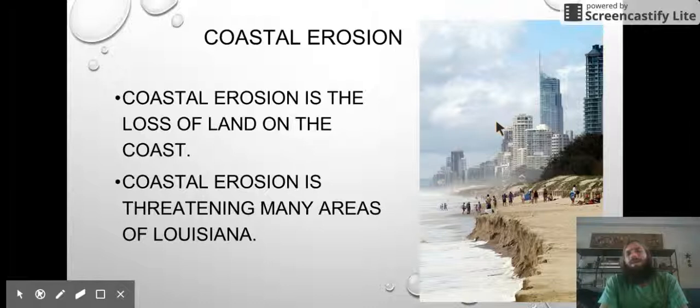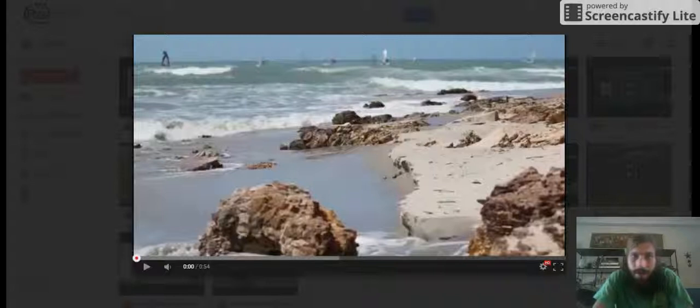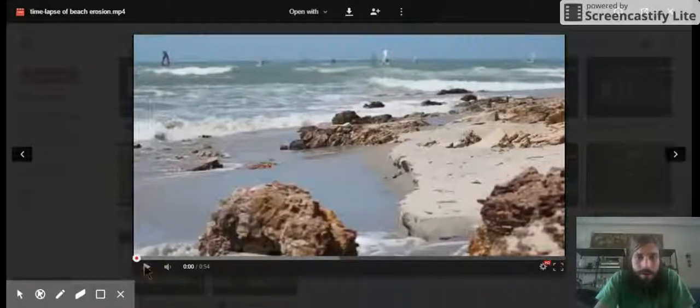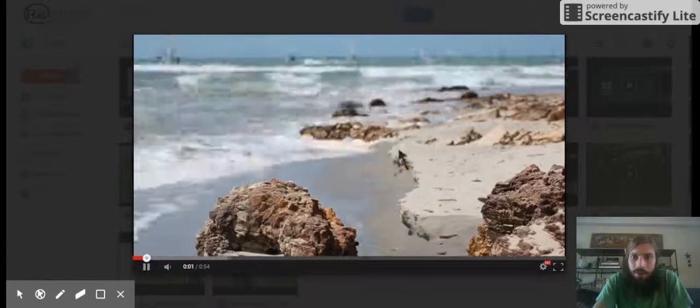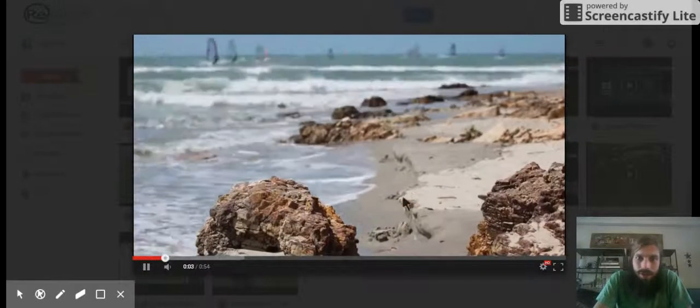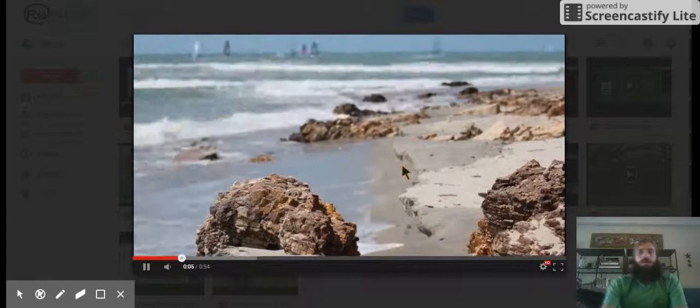Now let's go back to coastal erosion. Coastal erosion is the loss of land on the coast. I have a video that'll help show what coastal erosion looks like. Now I'm going to put my arrow right where the coast is at the beginning, all right?